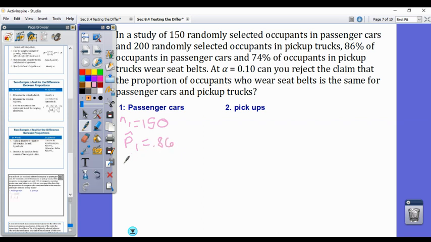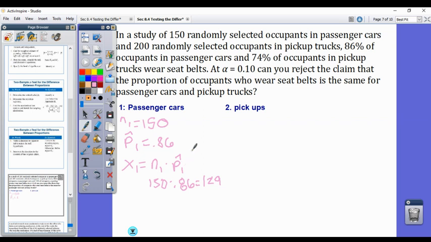Okay, all right, now we're going to calculate x sub 1. To calculate x sub 1, what we're going to do is multiply n1 times p hat sub 1, which in this case is 150 times 0.86, which gives me a total of 129.